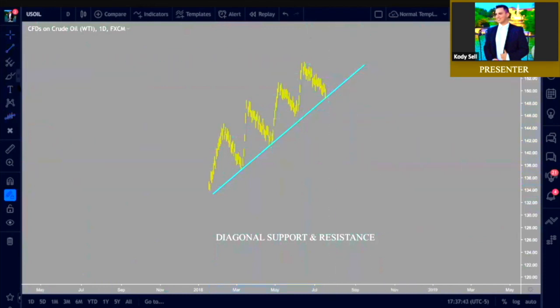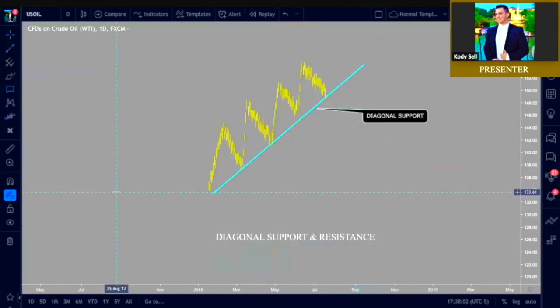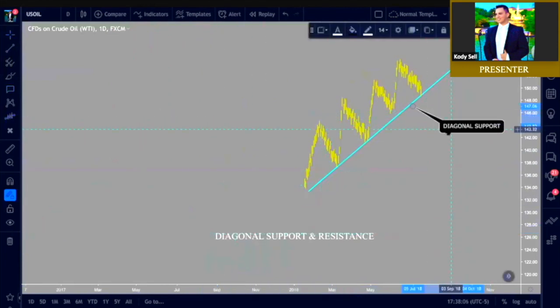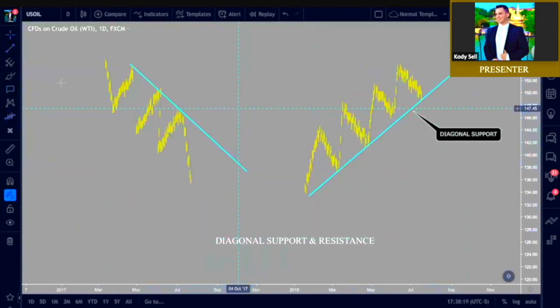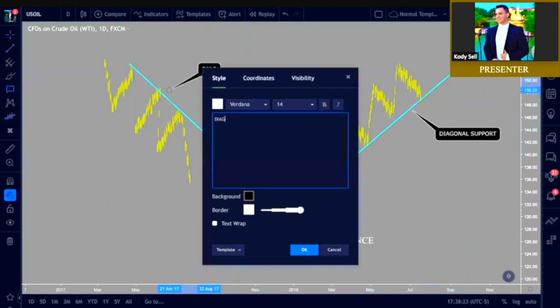So in this case, it is acting as diagonal support. Now in the case of a downtrend, let's go ahead and move over here. Price is moving down, so we will have our trend line, our diagonal resistance, marked. So here's our diagonal resistance.